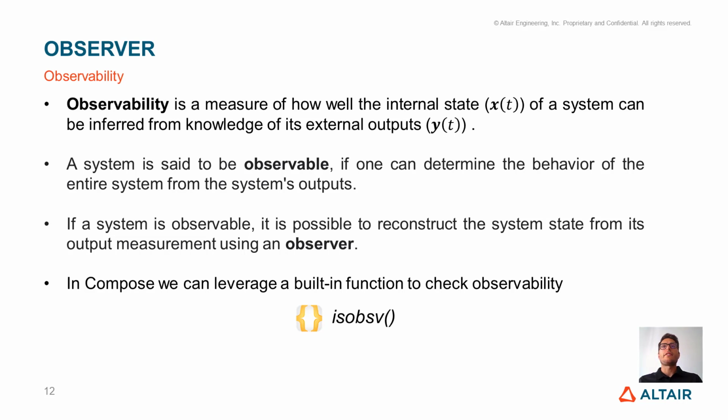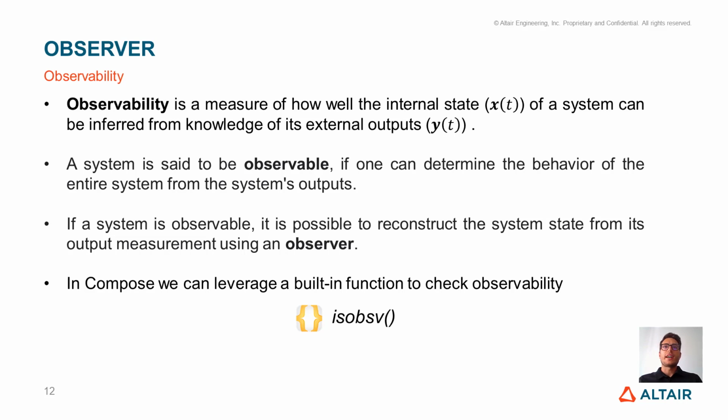It follows that if a system is observable, it is possible to reconstruct the system state from its output measurement using an observer. In Altair Compose, checking the observability is as simple as calling one built-in function, the one reported here, and we will see how to use it.